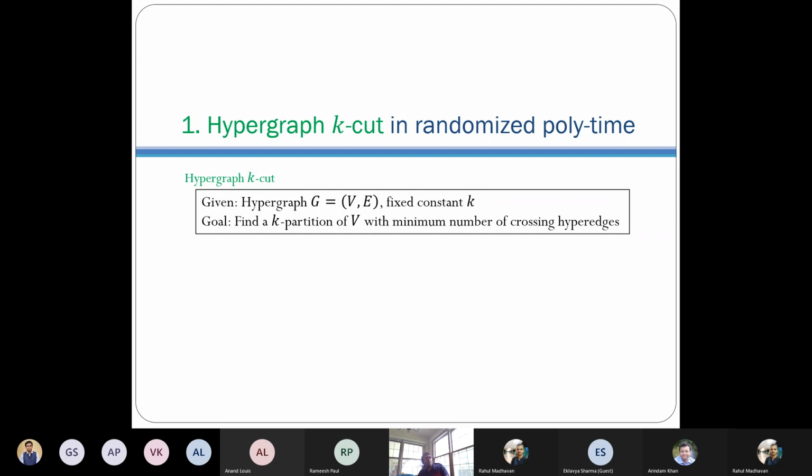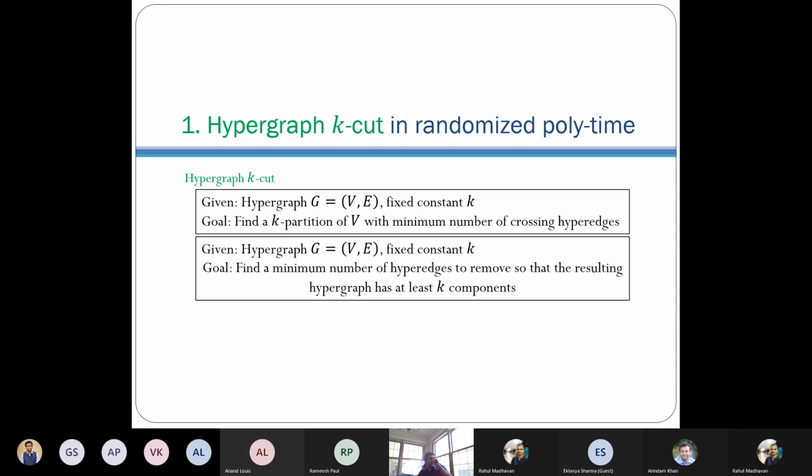Now, initially for the randomized algorithm, instead of thinking about it as a partitioning problem, it is helpful to think of it as finding a minimum number of hyperedges to remove so that the resulting hypergraph has at least K components. These two problems are equivalent.